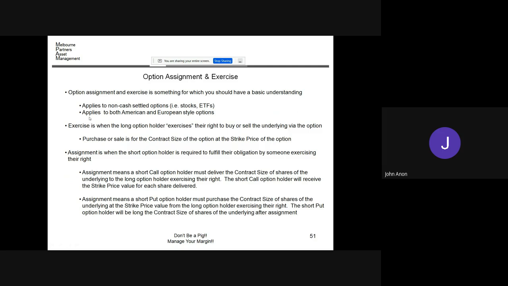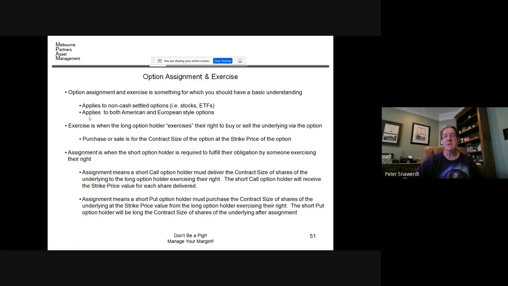With European, they only settle on the end date, whereas with American, you can exercise earlier. Yep, European style options exercise at expiration. American, now who has the right under an American option to exercise?